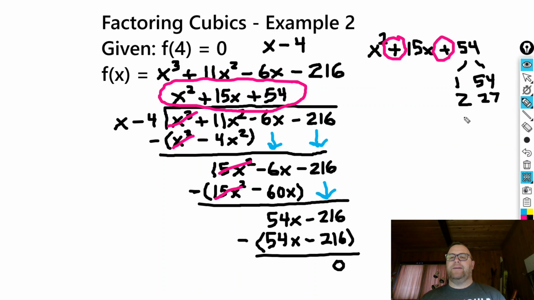That's still too high. Let's see, divisible by 3. So do 3. 3 goes into that. 3 times, what, 18?